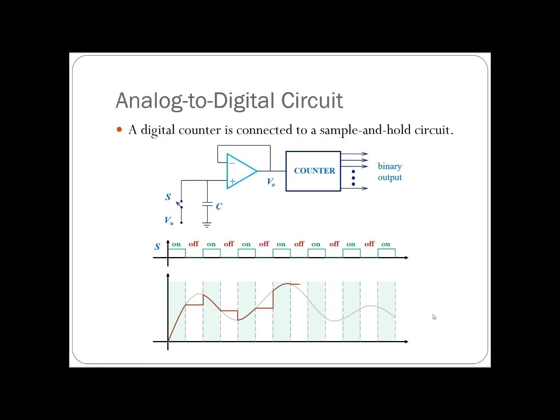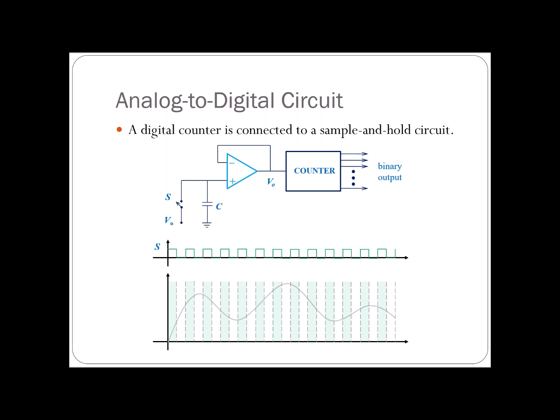This will happen repetitively until we complete the signal. So the red bold line here is basically the signal that will be recorded by this circuit, if we regulate the on-off switch following this pattern.